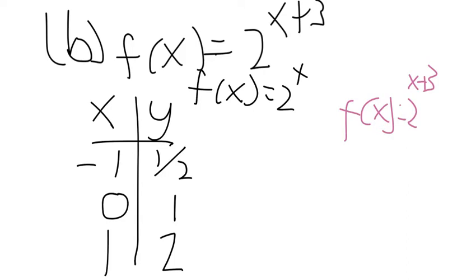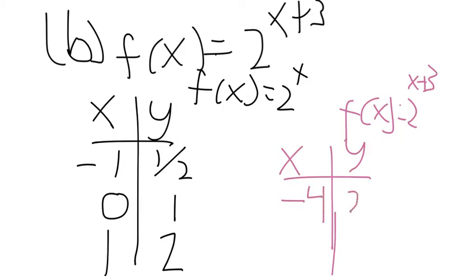However, when it's 2 to a power of x plus 3, if you plug in -4 into x, you have 2 to a power of -4 plus 3, which is 2 to the -1, which is just 1/2.